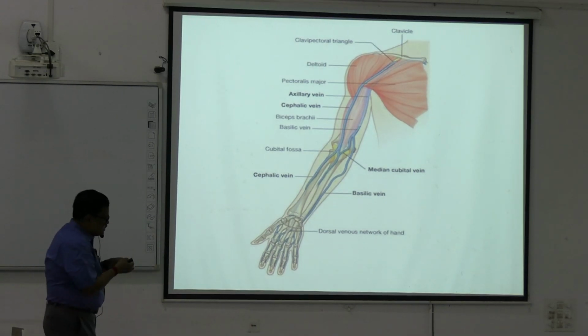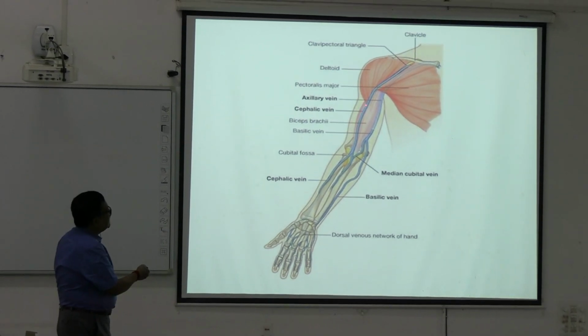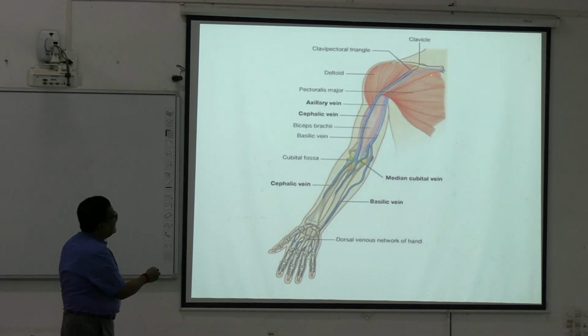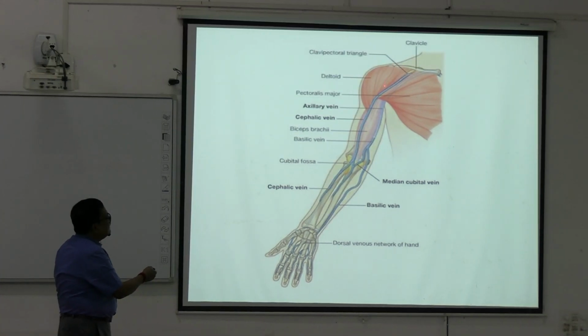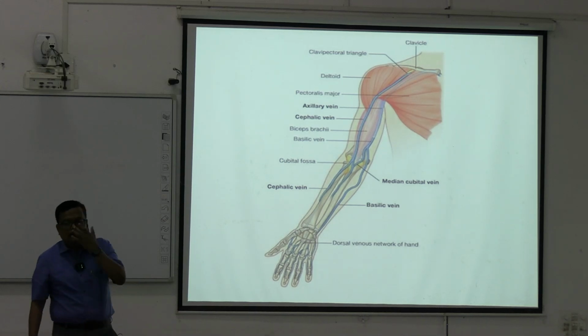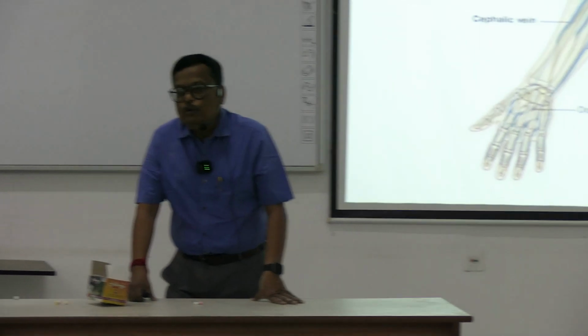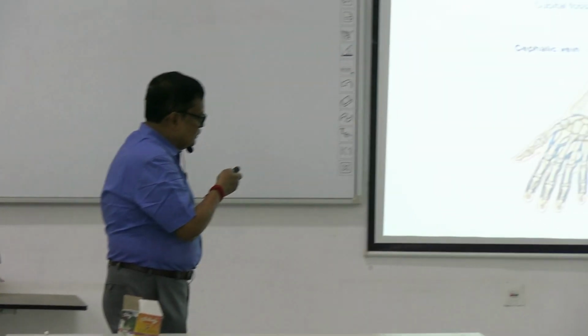So it crosses further proximally along the lateral border of the biceps muscle. Then it enters a groove between the deltoid muscle and the pectoralis muscle, and this groove is called the deltopectoral groove. Then it courses along the deltopectoral groove.